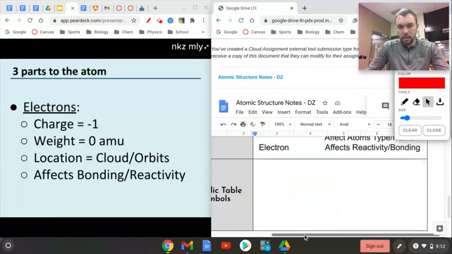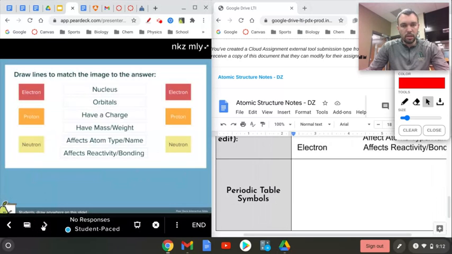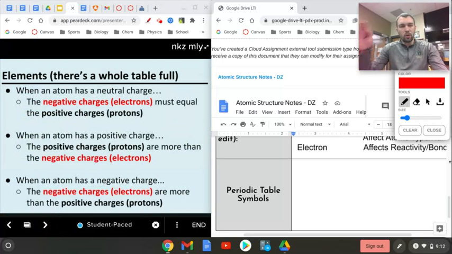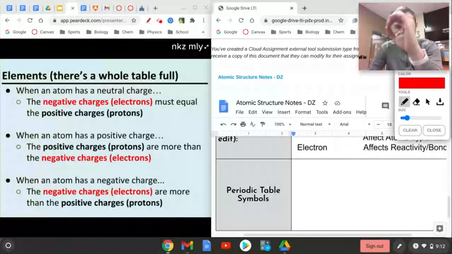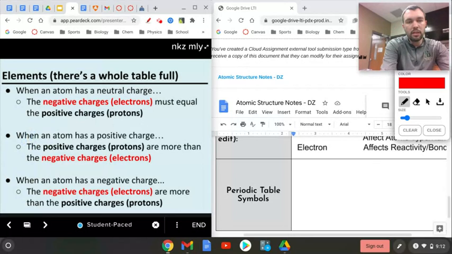All right. Next, periodic table symbols. So, real quick, bonus information. Bonus info Wednesday. When an atom has a neutral charge, so when atoms have a charge of 0, what must be true? All atoms must have protons, and all atoms must have electrons.